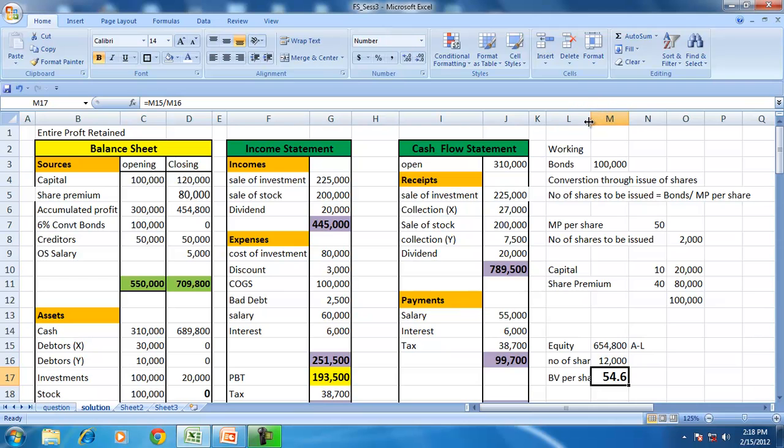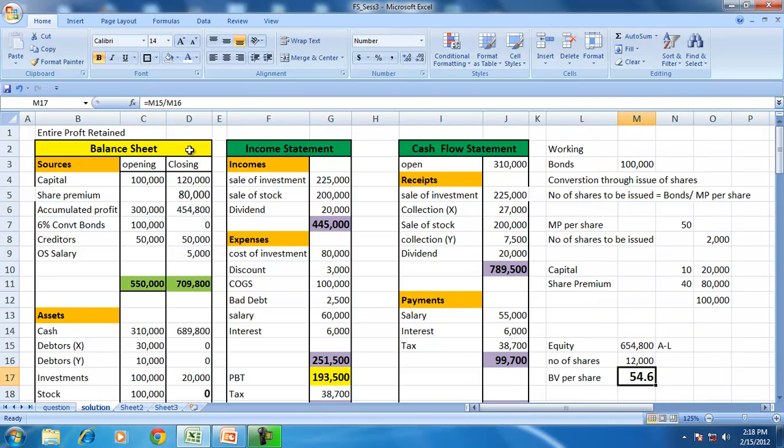So the book value per share without the distribution of dividend is 54.6.